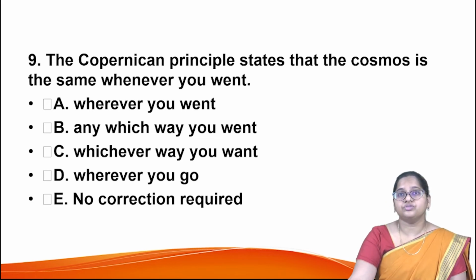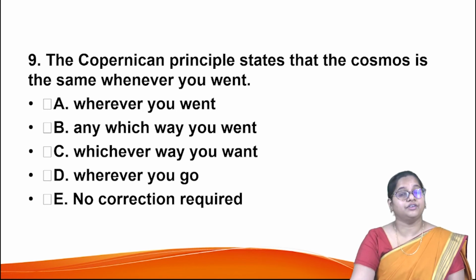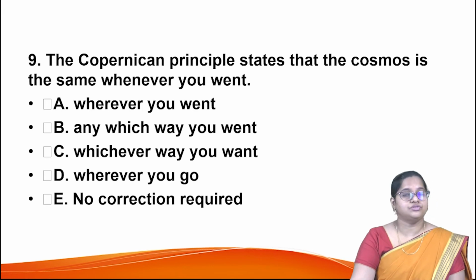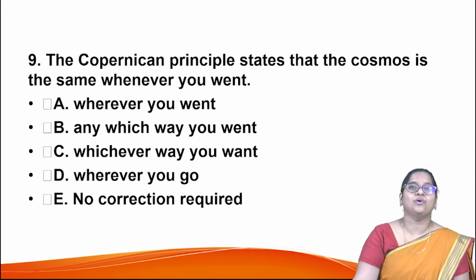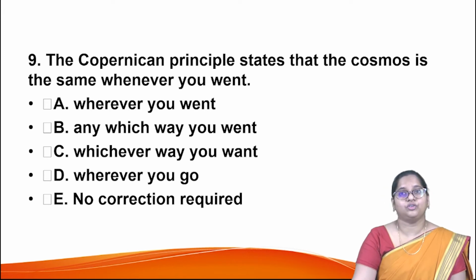It states that the cosmos is the same wherever you go. Generally you'd say wherever you go. Wherever you went is grammatically wrong again. Any which way you went is also wrong. Whichever way you went, the verb went is grammatically wrong. Wherever you go, yes, the right answer.